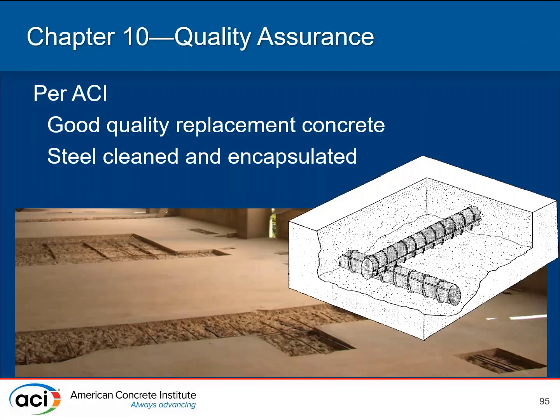And really, at the end of the day, we want to end up with something that ideally looks like those photos or that little diagram at the end: everything's nice and square and round. Square for the cuts, round for the bars, everything's clean, the right roughness, and now you end up with a good quality repair and a good quality replacement concrete.